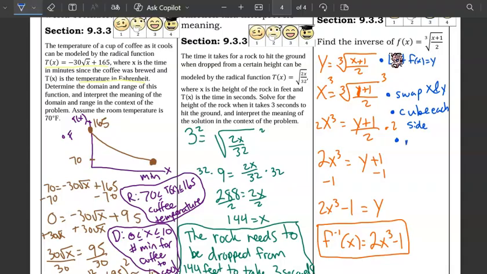And then multiply by 2. Subtract 1. And then let y equal f inverse of x.